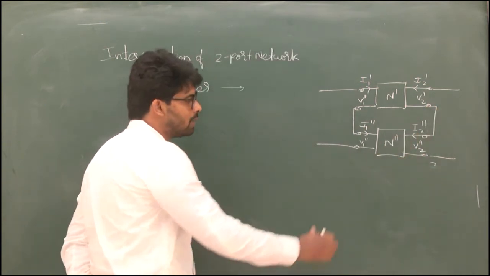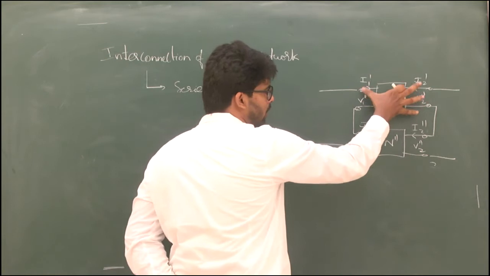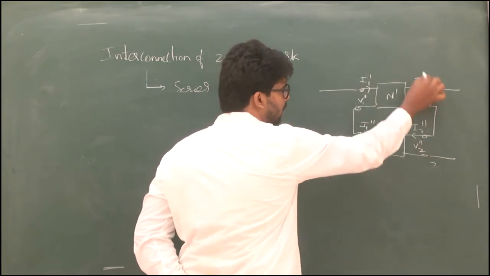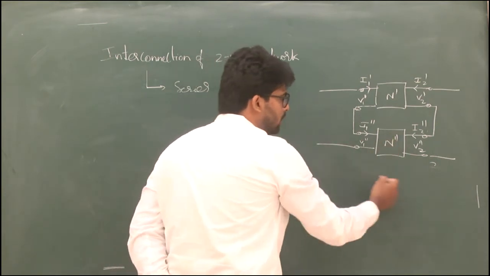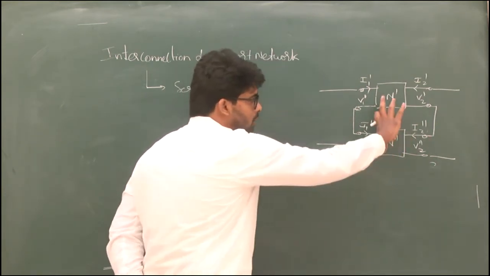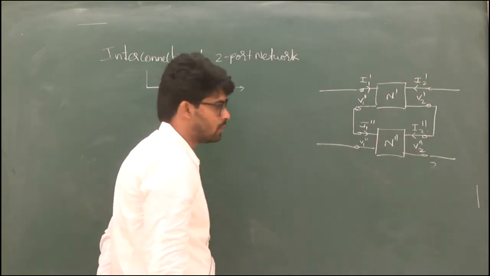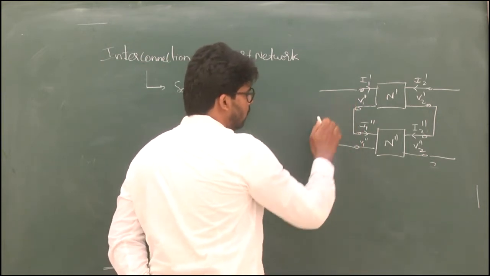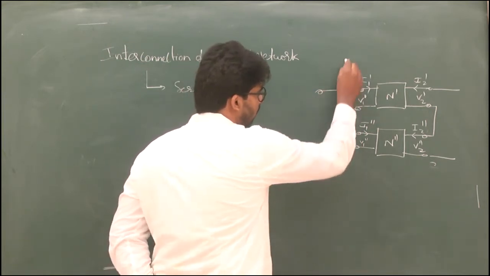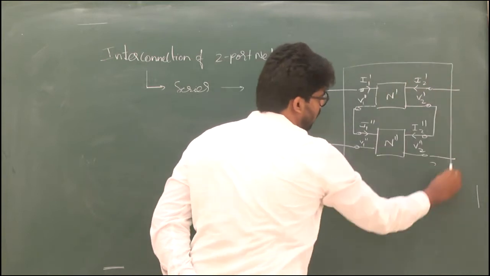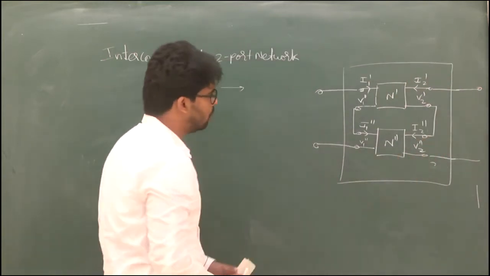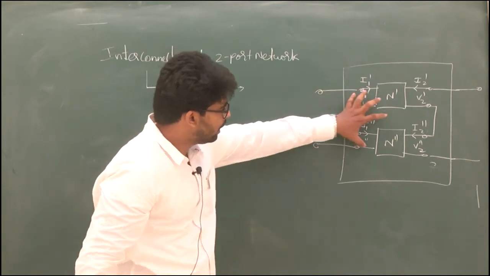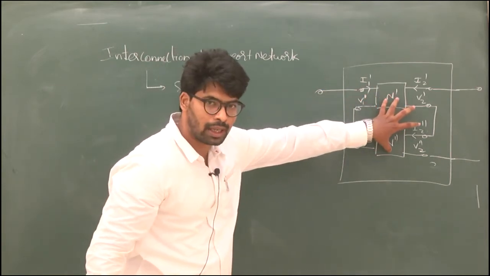If I make this connection, this whole thing should be thought of as one impedance, and the other whole thing as another impedance. The addition of these two will give a series form. Therefore, this is the overall input, and this is the overall two-port network. This overall two-port network has internal two-port networks which are connected in series.